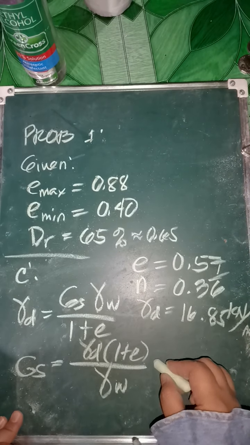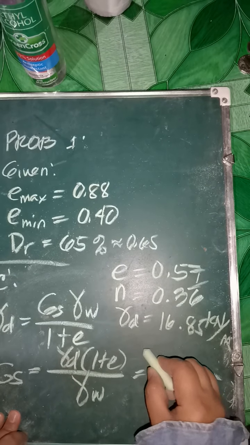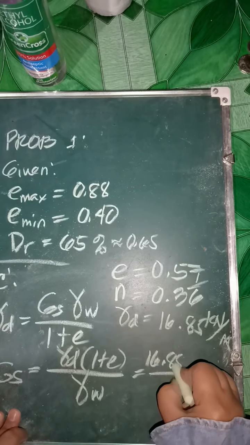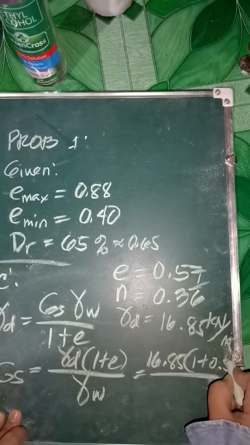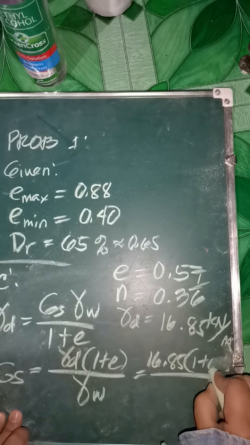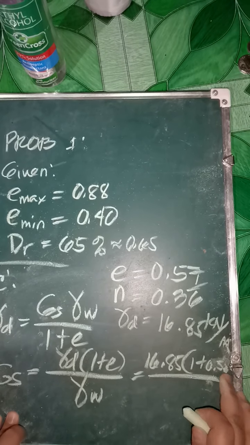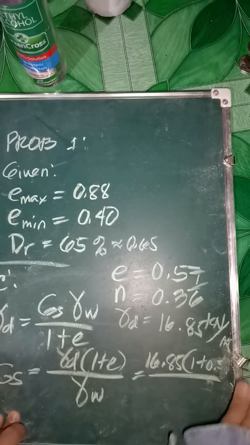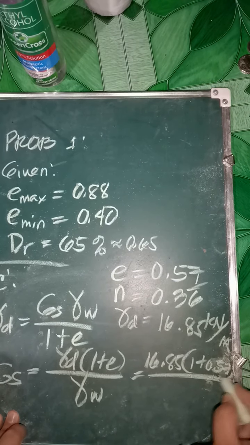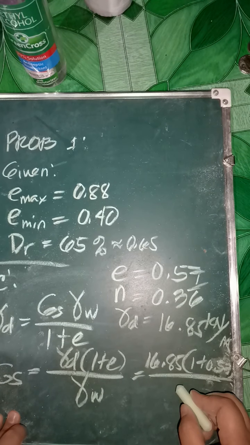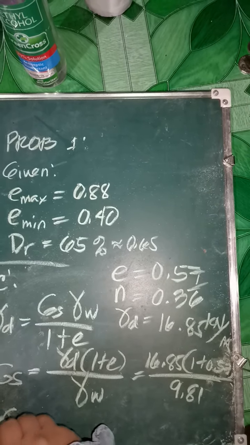So we're going to substitute the values in here. We have the unit weight dry, 16.85, multiplied by 1 plus 0.57, all over the unit weight of the water, that is 9.81.